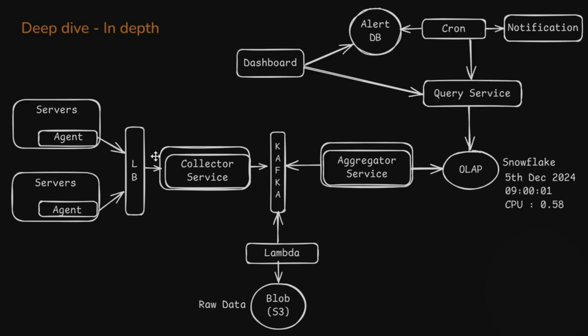These servers are emitting the events and are being published to Kafka, and we have an aggregator service. This aggregator service can be a Flink service from AWS, which is a managed service that can aggregate the data from millisecond to a second level and store it in this OLAP.